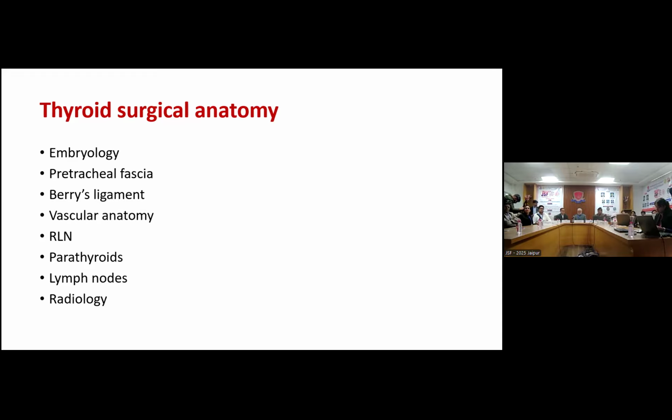So I'll describe my talk in terms of the embryological origin of the gland, the various fascias which envelop the gland, the vascular anatomy of the gland, the nerves, both the superior and recurrent laryngeal nerves, and the parathyroids. And at the last, 1 or 2 slides about the radiology or the imaging of the gland.